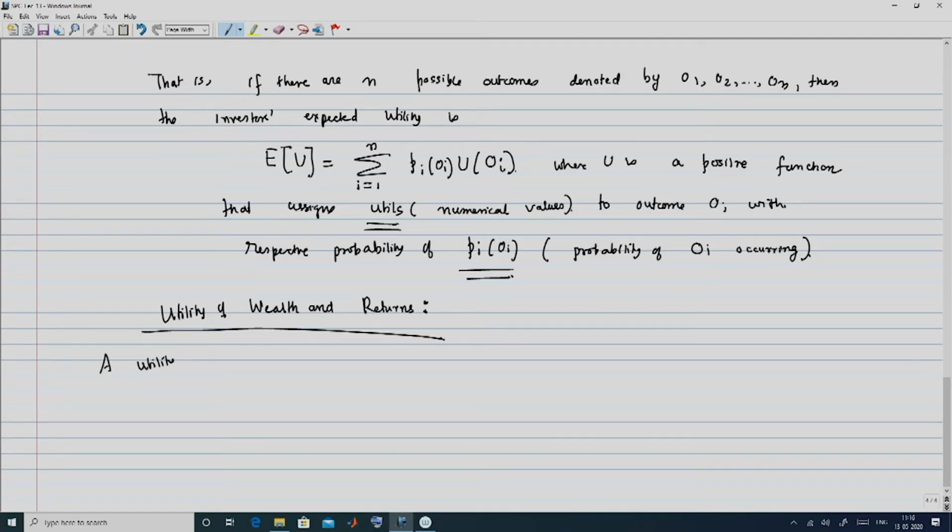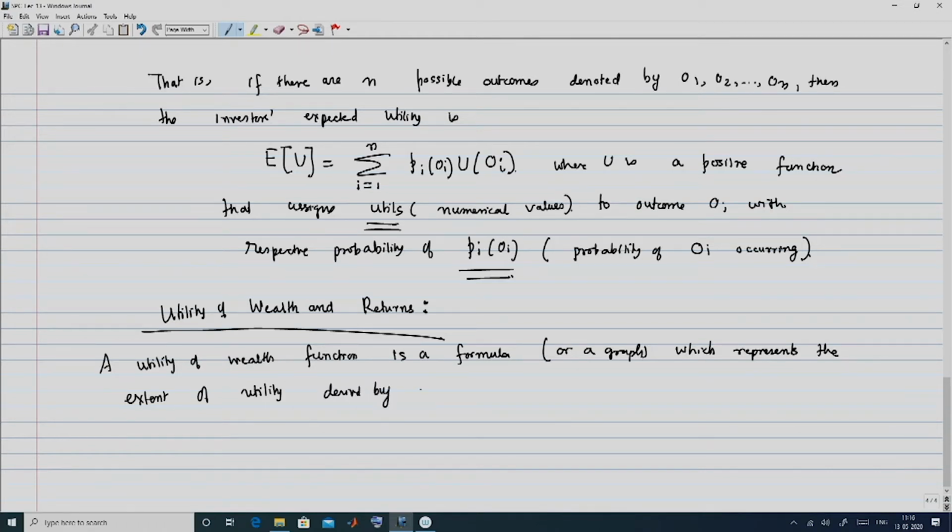So, a utility of wealth function is a formula or a graph which represents the extent of utility or satisfaction derived by a person dependent on the different levels of wealth.